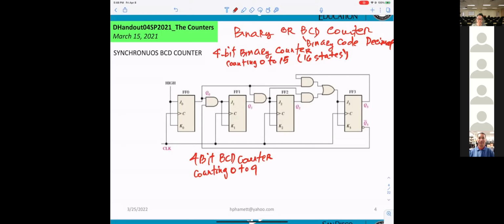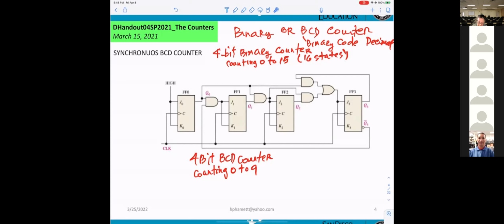Okay. The thing is, normally, without adding any gate in the design, you get 1, 2, 3, 4, and they will count 0 to 15.